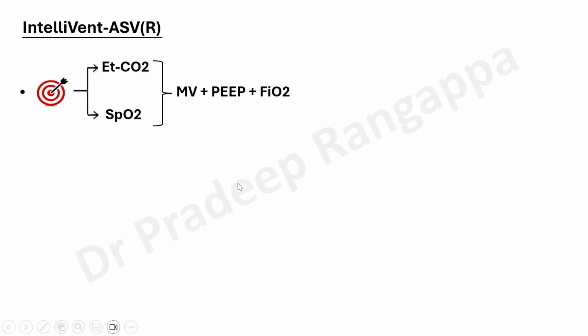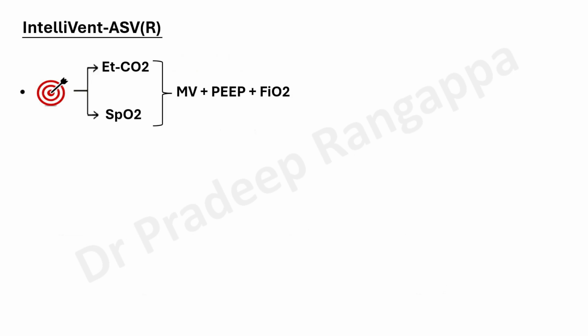So the next generation of adaptive support ventilation is this IntelliVent. Right now, whoever is using Hamilton, I'm sure most of you would be using IntelliVent ASV. There are additional benefits in this intelligent adaptive support, where the targets set here are just end tidal CO2 and saturation.